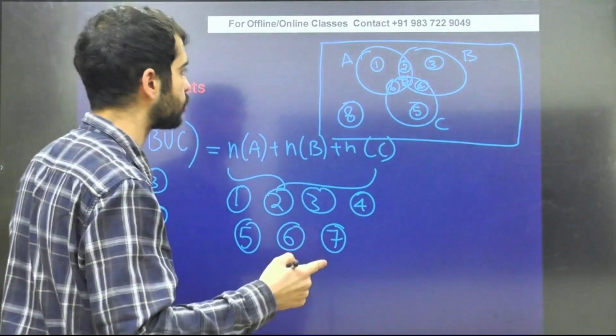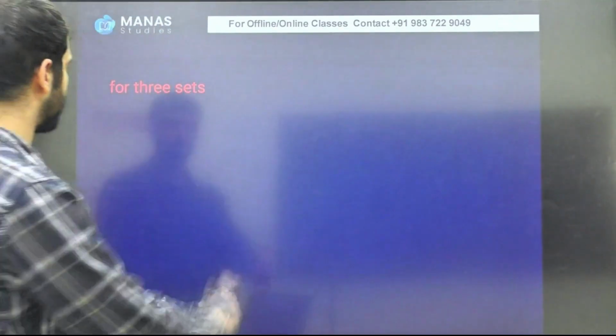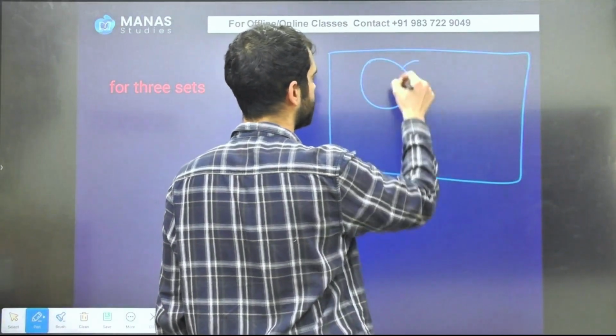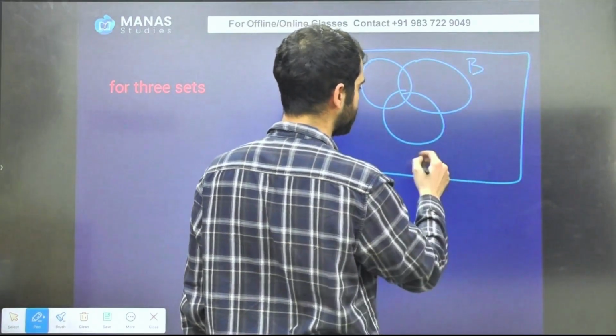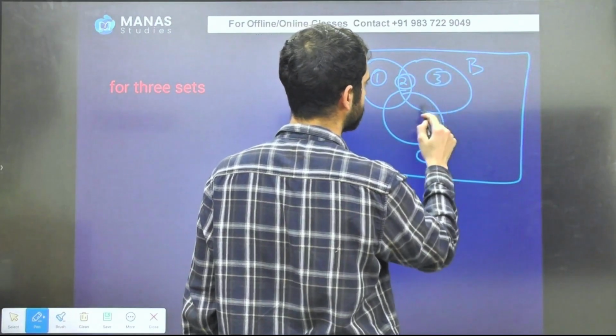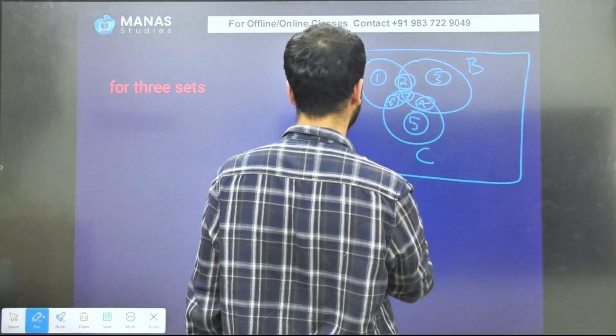But the thing to note over here is when I'm adding A and I'm adding B, for 3 sets, let's take the diagram A, B, and C. This is set A, this is set B, this is set C. To denote the regions, I'm going to take the symbols 1, 2, 3, 4, 5, 6, 7, and 8.